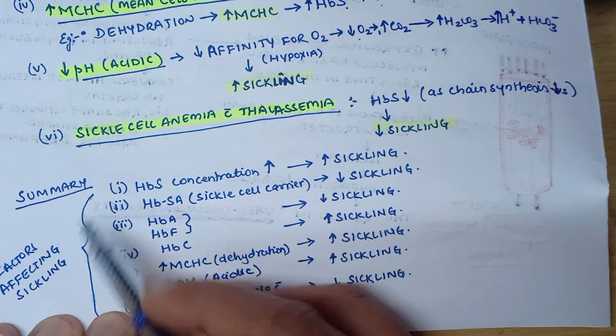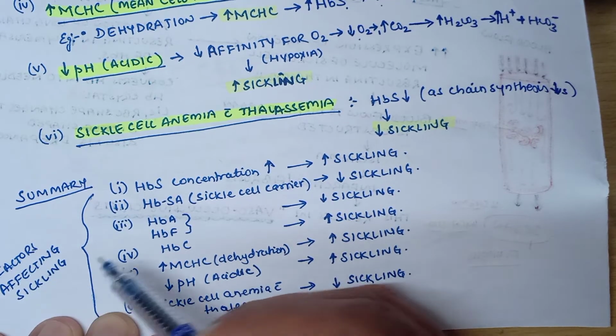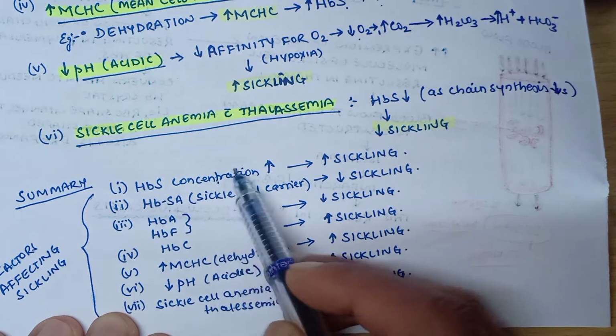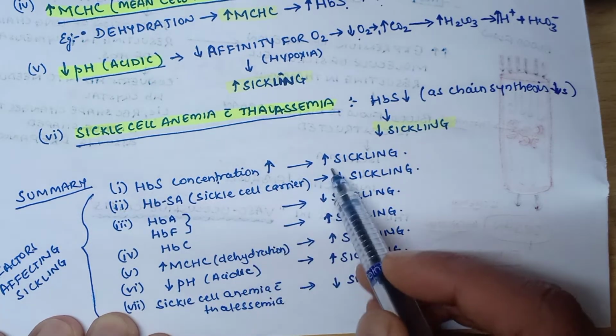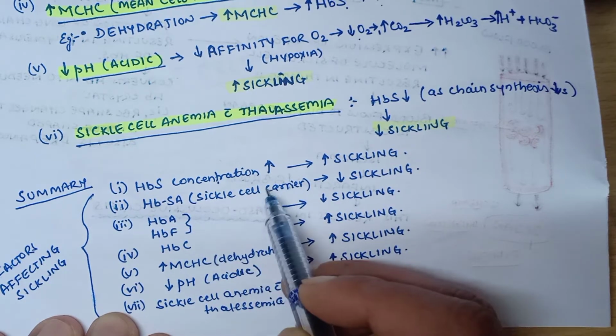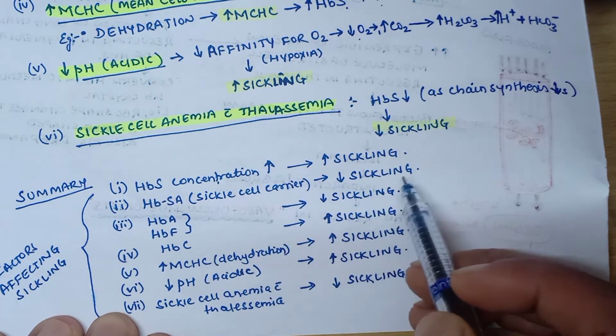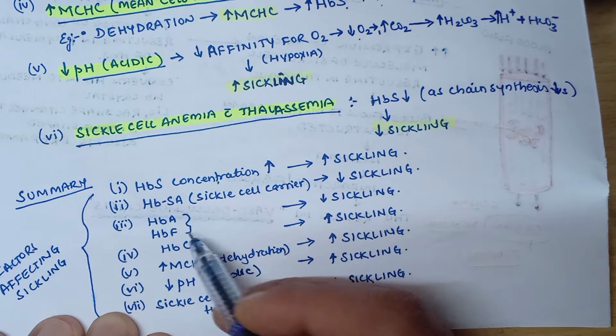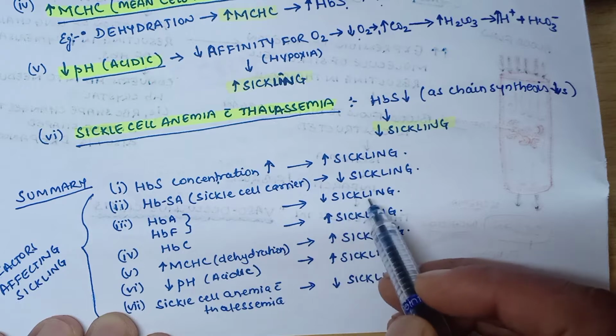So in summary, the factors affecting sickling are HbS concentration. An increase in HbS concentration will cause increased sickling. In sickle cell trait, there will be decreased sickling. In case of fetal hemoglobin and adult hemoglobin, there will be decreased sickling.